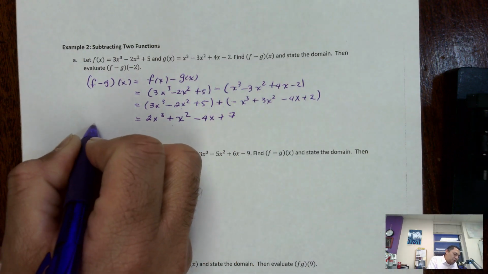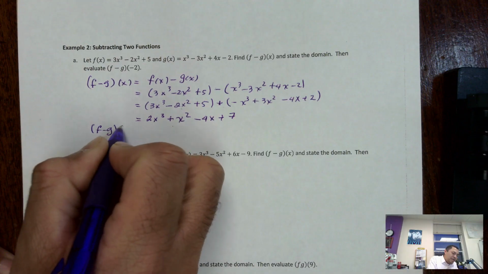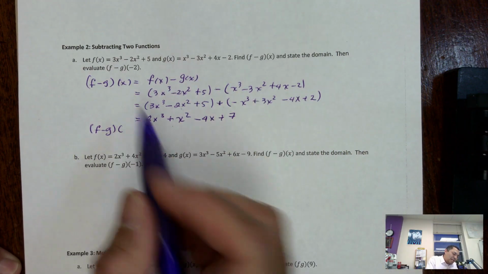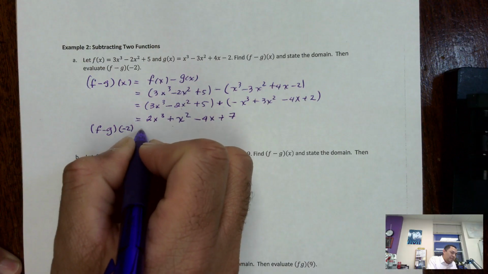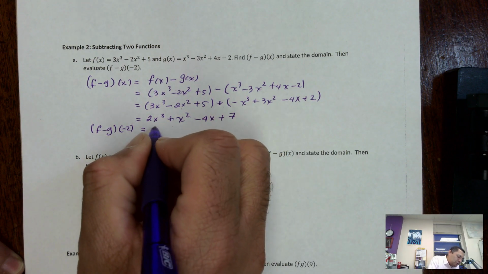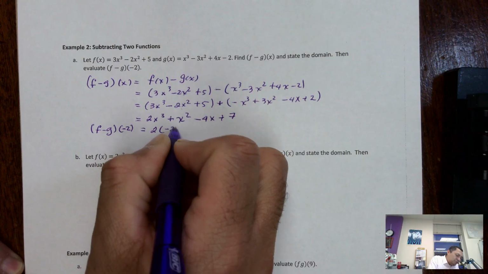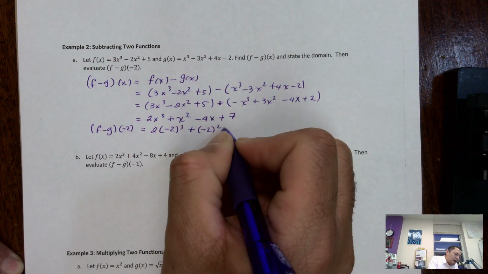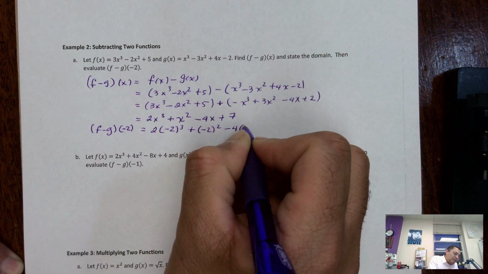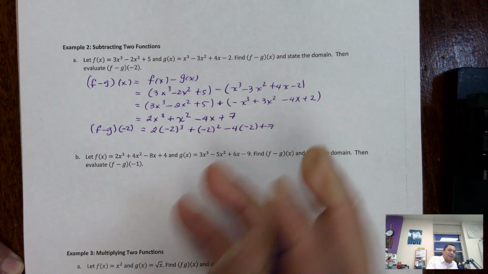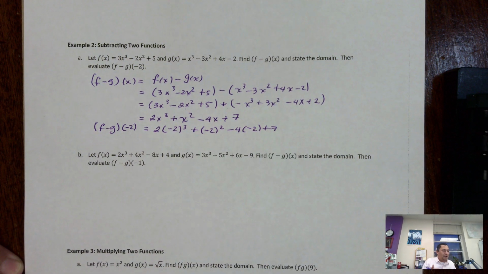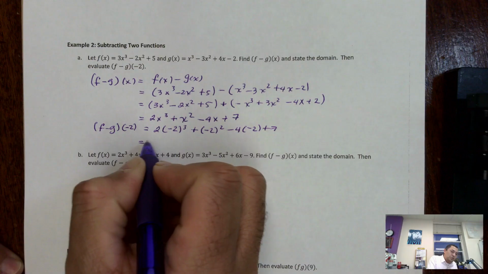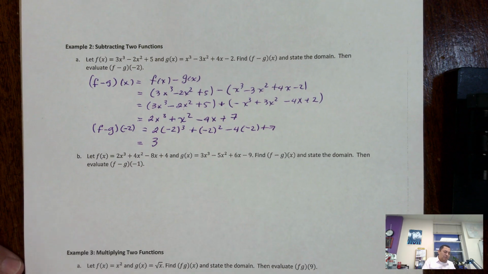And now I'm going to do f minus g of negative 2. So we are going to have 2 times negative 2 to the third power plus negative 2 to the second power minus 4 times negative 2 plus 7. And if we put this in the calculator, we're going to have that this is equal to 3.